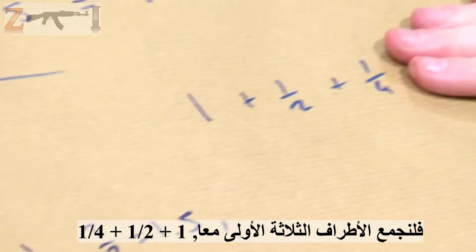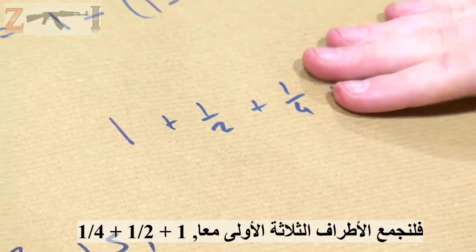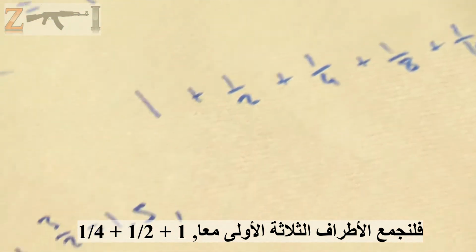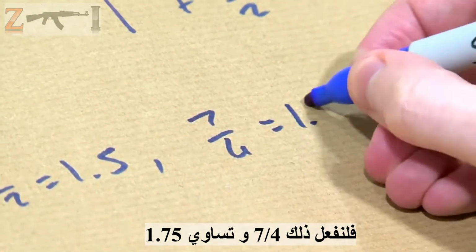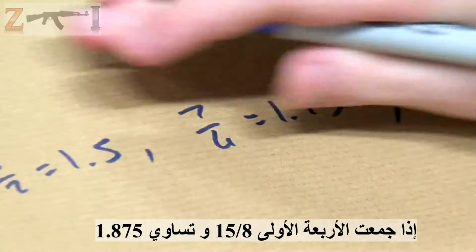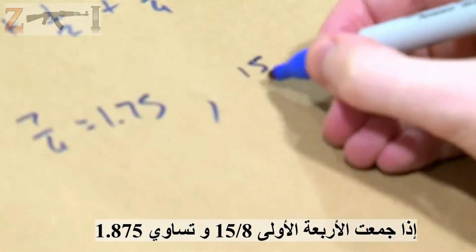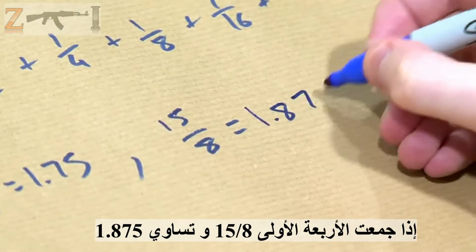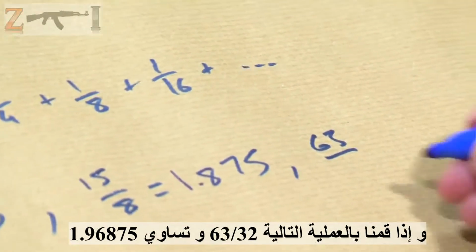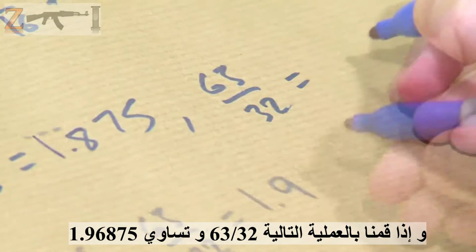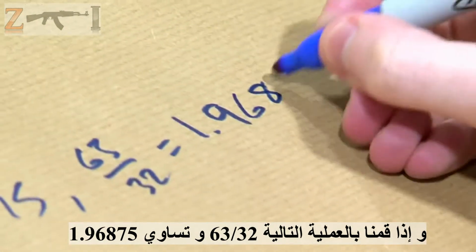Let's add the first 3 numbers together. So 1 plus a half plus a quarter. Let's do that. 7 quarters, it's 1.75. If I add the first 4 together, 15 over 8, which is 1.875, and if you did the next lot, you get 63 over 32, 1.96875.